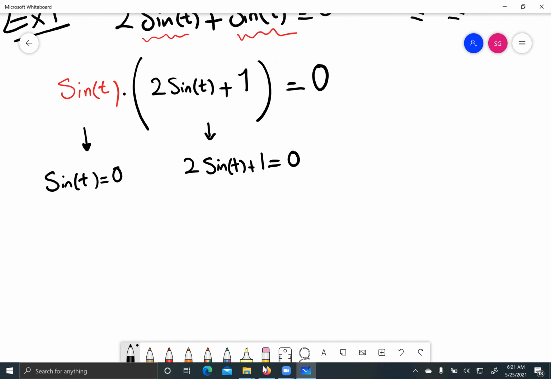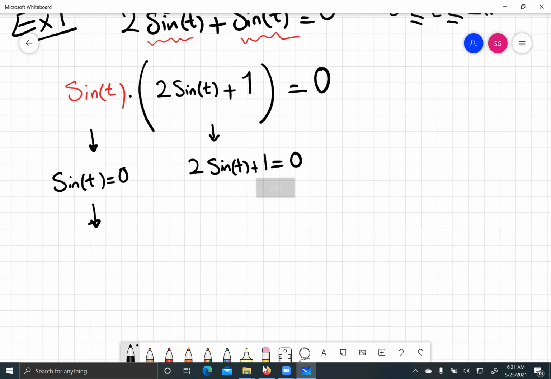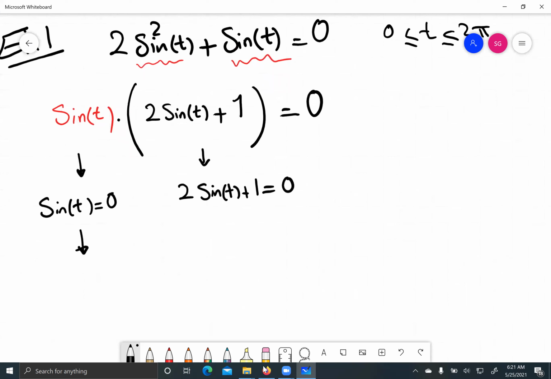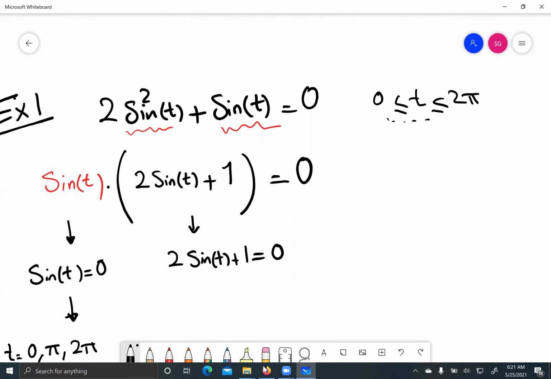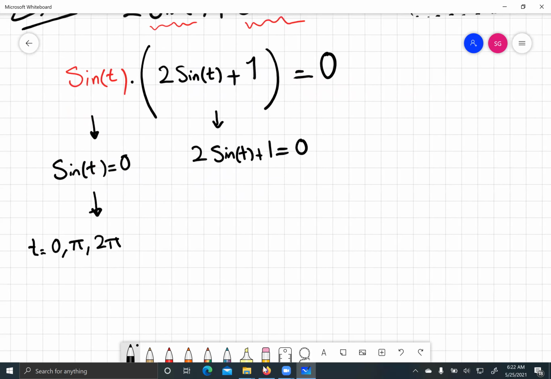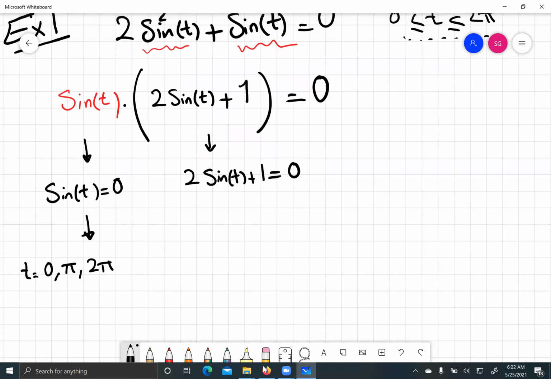From here, when do we have sine of t equals 0? Using the unit circle, that happens at 0, at pi, at 2 pi, and I'm going to stop here because the restriction is between 0 and 2 pi, so I don't need to go beyond that.